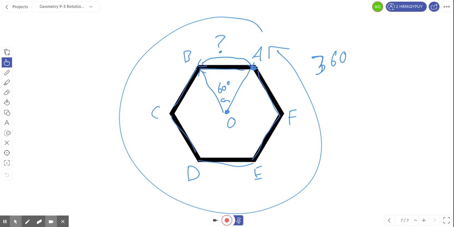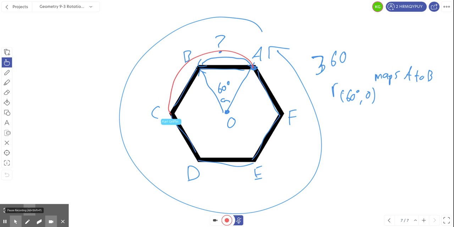So a rotation of 60 degrees about point O maps A to B. What if I wanted to map A to C? Well, that would be 60 and 60 again, so that would be 120.